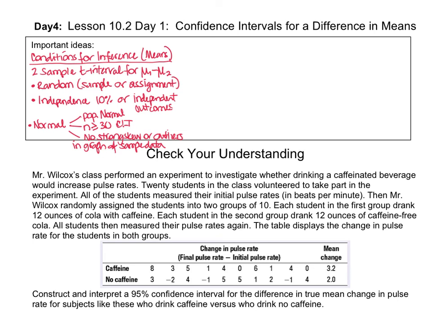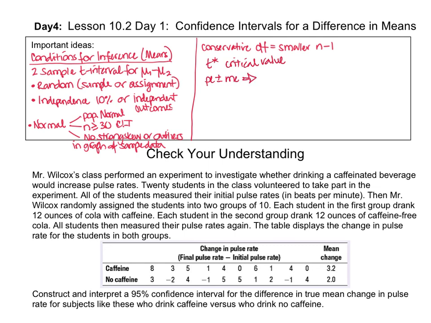When we're putting together our confidence interval, one of the things that we need to know is the degrees of freedom. Remember that we're going to be using a t star for our critical value. And our general formula is going to be point estimate plus or minus margin of error.